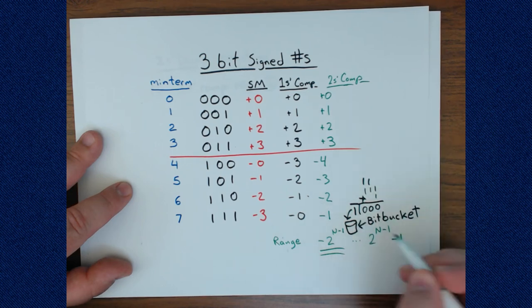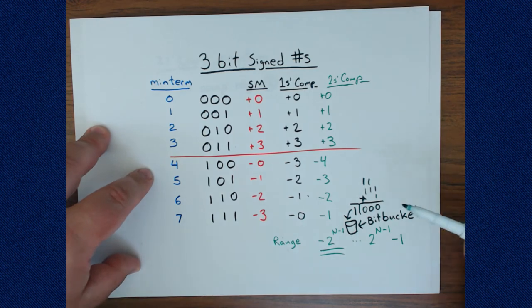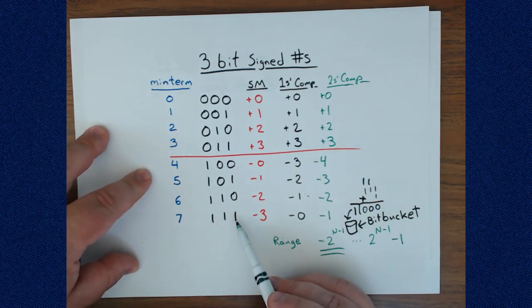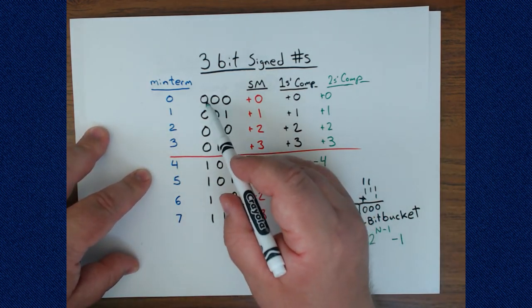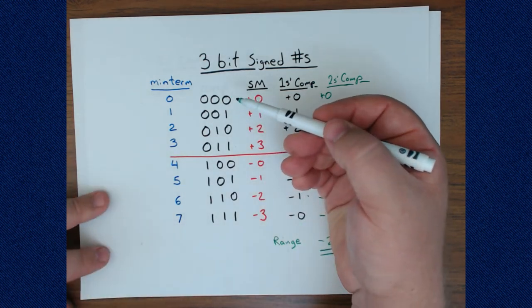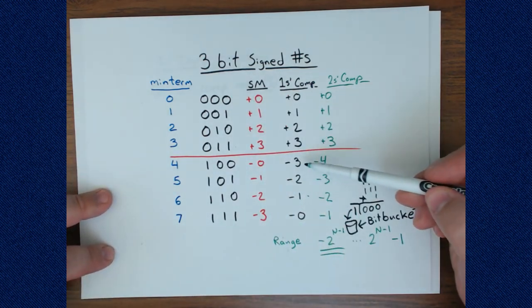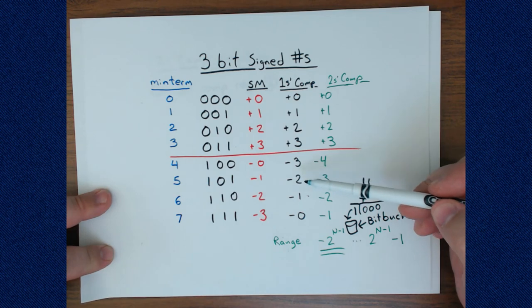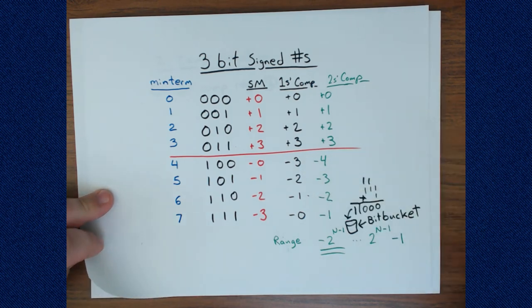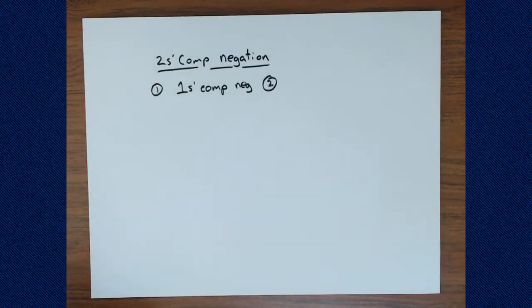That's this guy. So 1, 1, 1 incremented goes to 0, 0, 0.